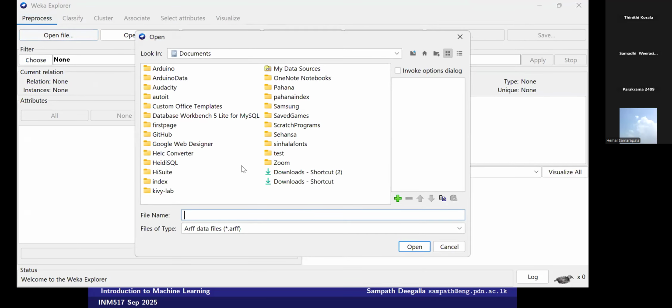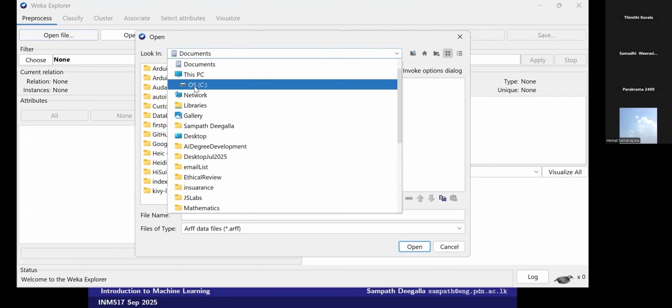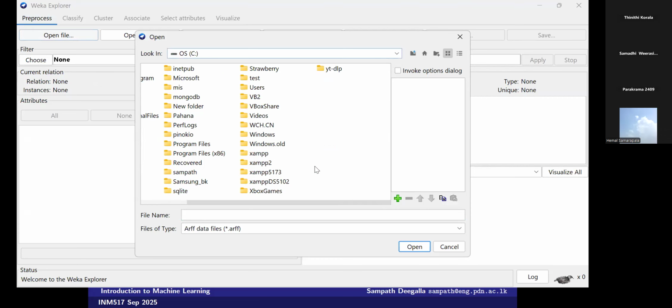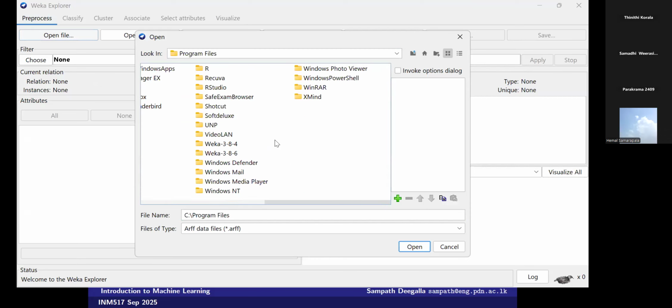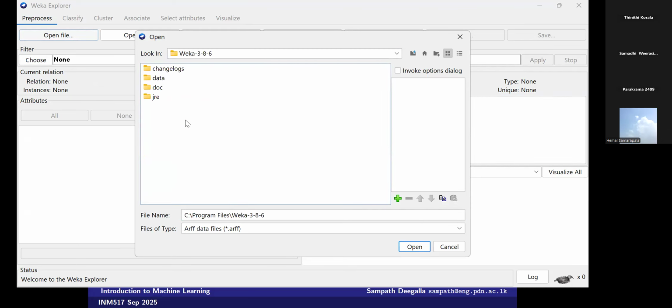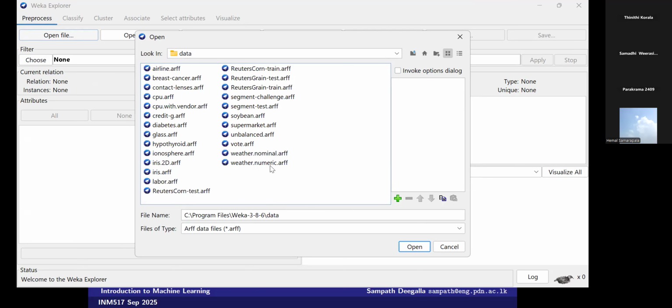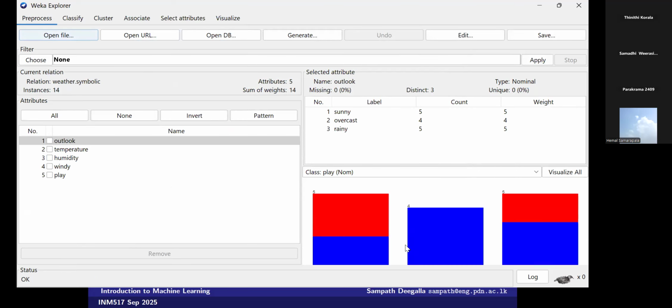Right, let me open the data folder this time. Let me select weather nominal. Right, and I'll go to Classify.